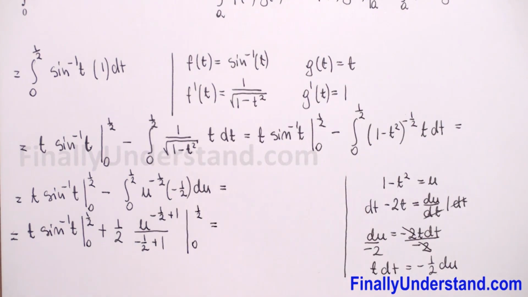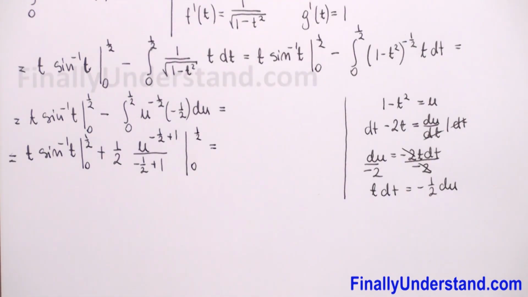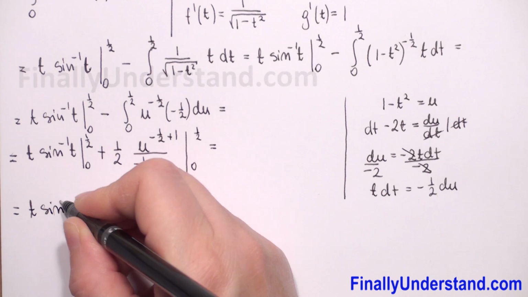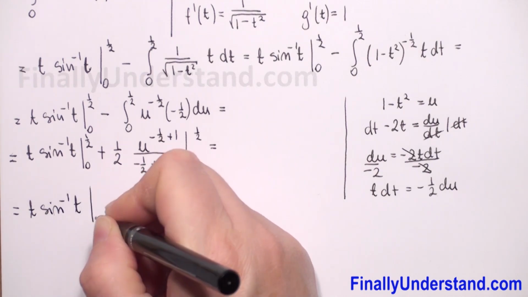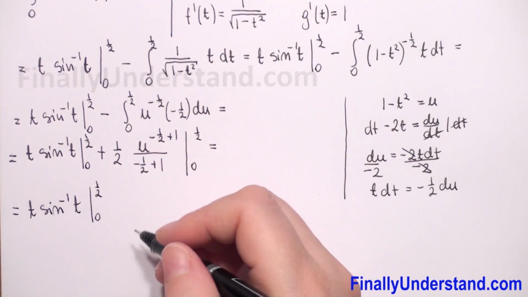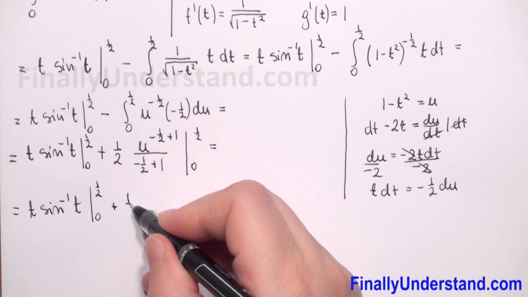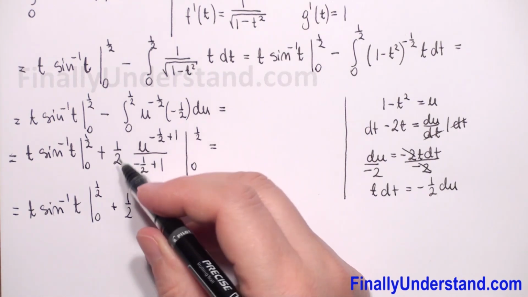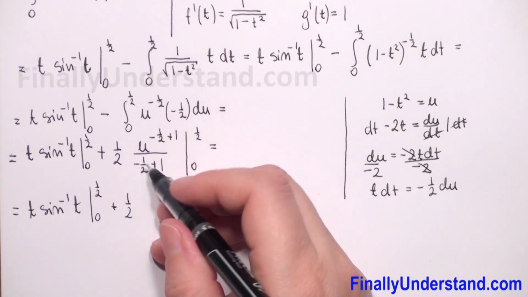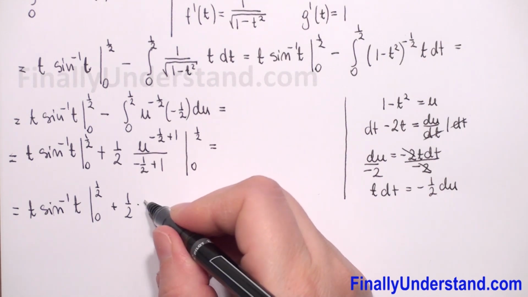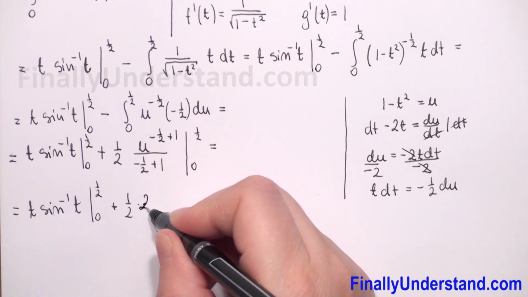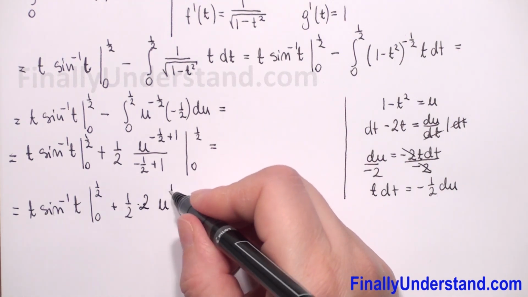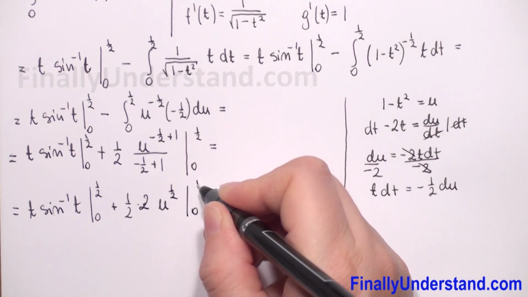So this is equal to, we have to copy the first expression, and we have plus 1/2. Negative 1/2 plus 1 is 1/2, so we have to flip this fraction, so it will be times 2 over 1, so I can put 2 times 2, and u will be to the power 1/2, limits from 0 to 1/2.